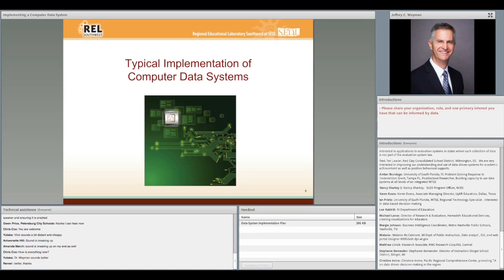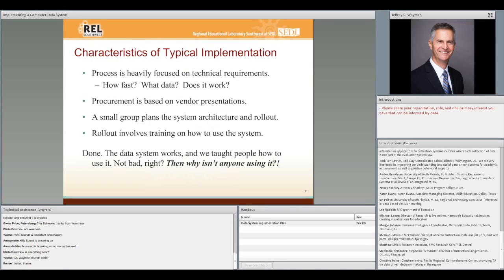And I can tell you, your mileage may vary, but the implementation of these systems across contexts, across the nation, looks remarkably similar. I'm not saying that everything is exactly like this, but I think you'll see a lot of yourself if you do any work in this area in what I'm about to say.